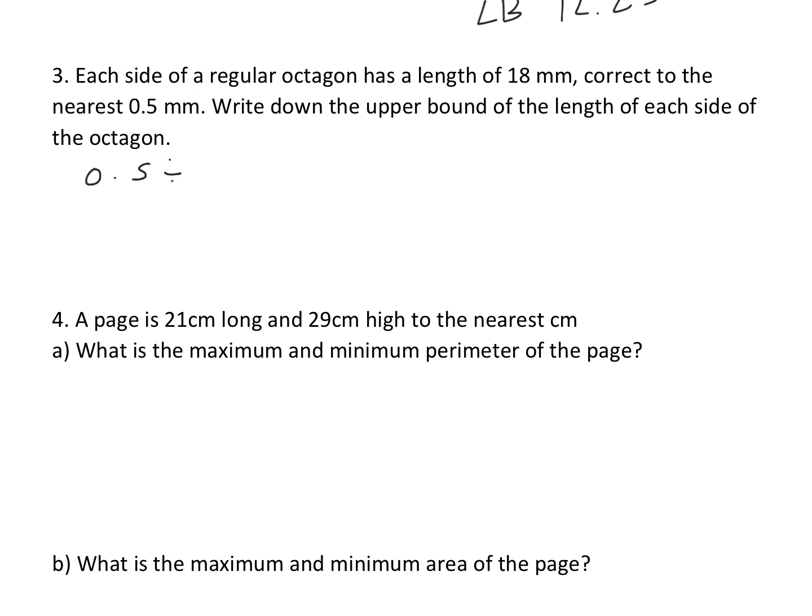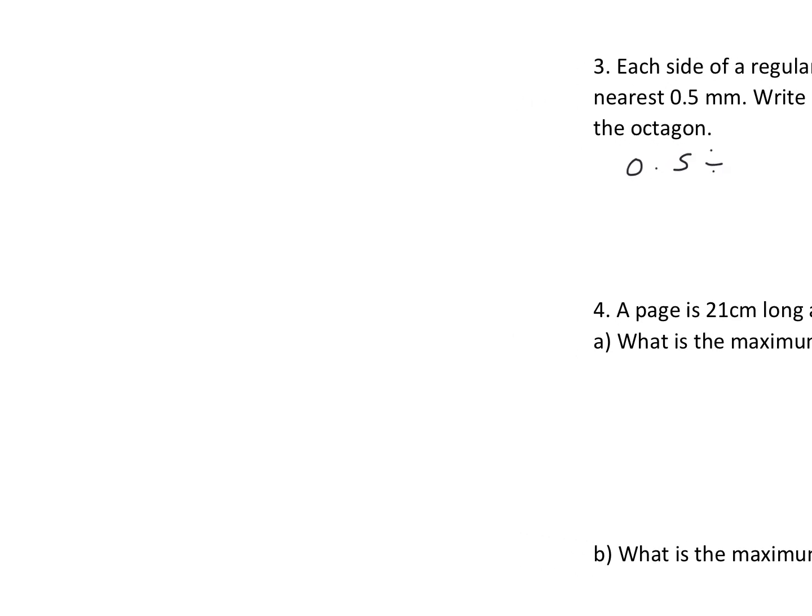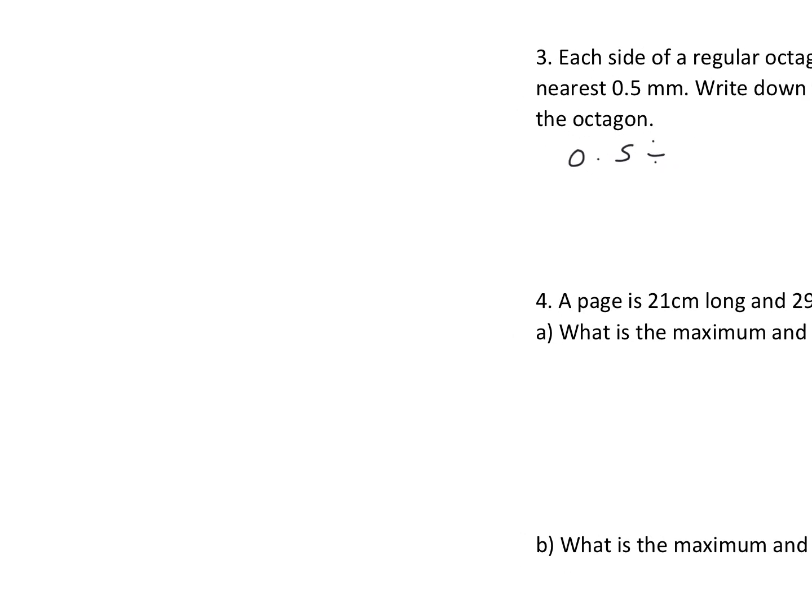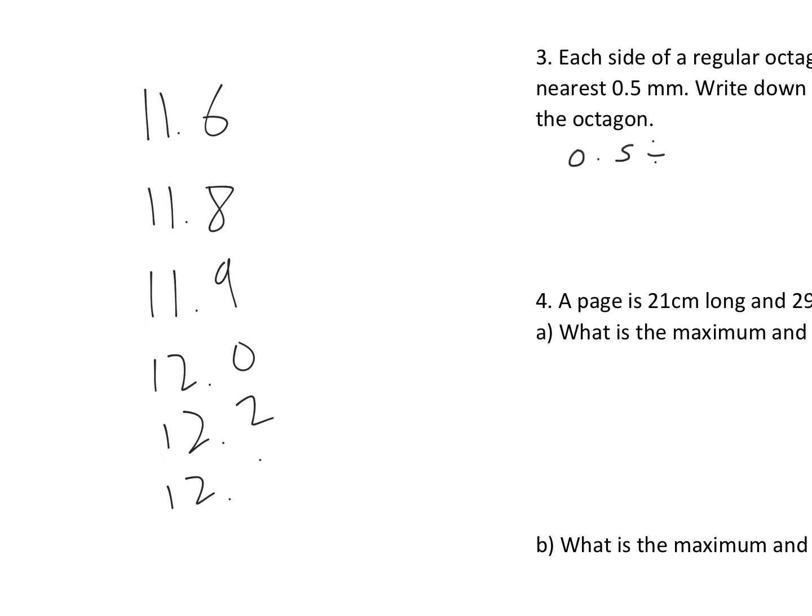If I just recap what that is doing, just so you understand that, because it's very rare we would do this sort of thing. If we had 11.6, 11.8, 11.9, 12, 12.2, 12.4, 12.6.